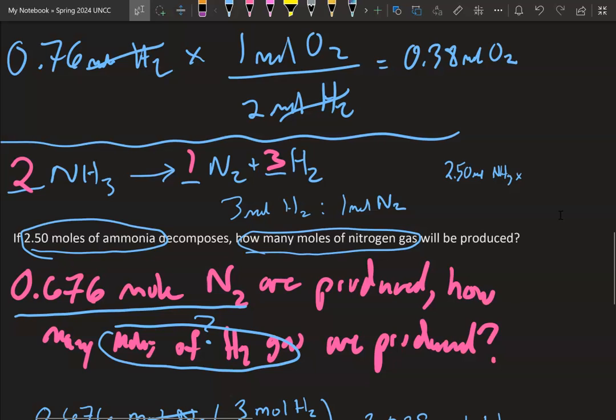So it is 1 mole of nitrogen for every 2 moles of ammonia, and that will give you 1.25 moles of nitrogen for your answer. The ammonia goes away. So that's a quick problem there.